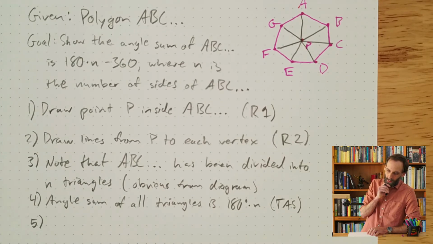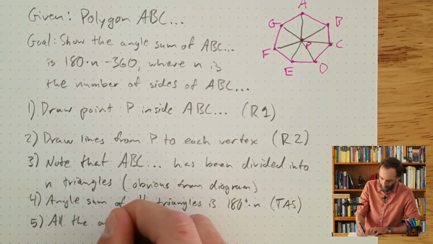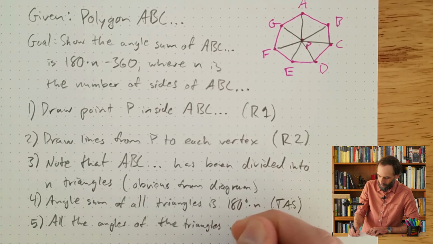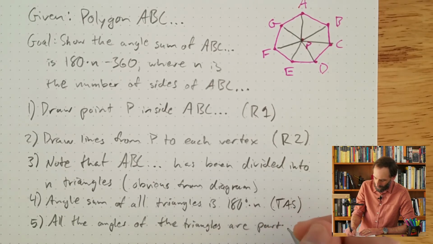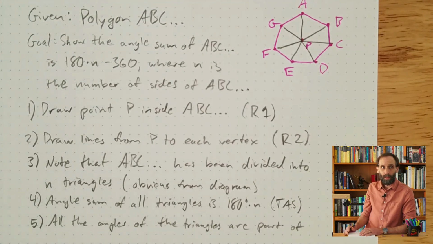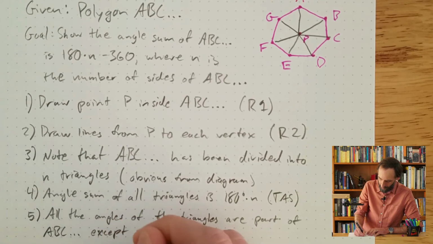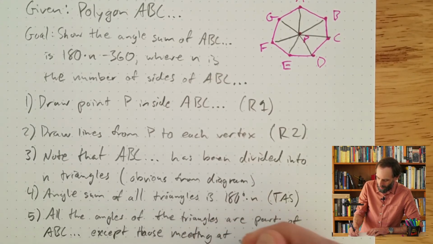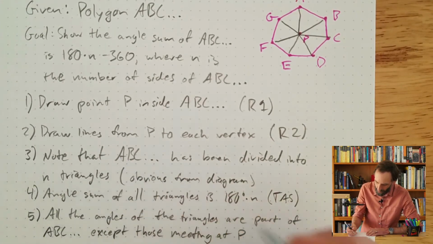Okay, so all the angles of the triangles are, basically, part of the angles of A, B, C, ... except those meeting at P. If we look at the diagram, we see all the angles of the triangles, right?